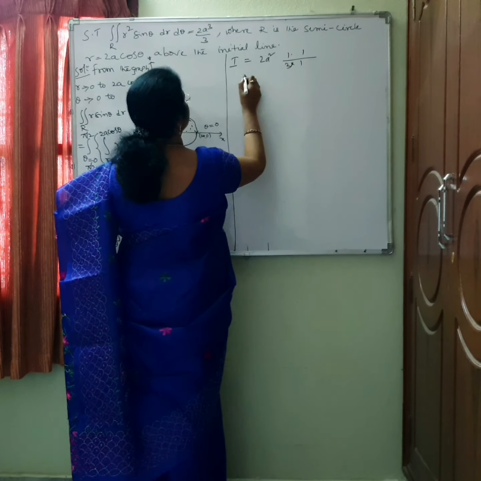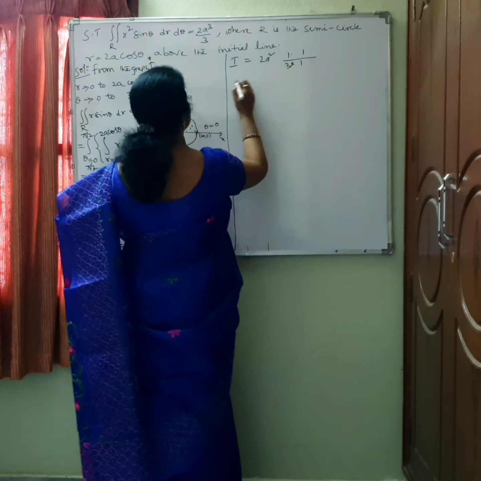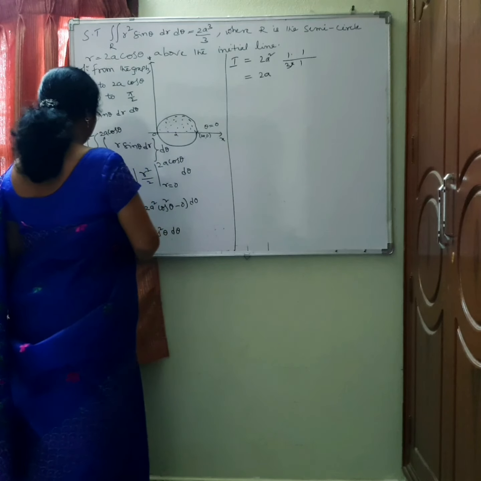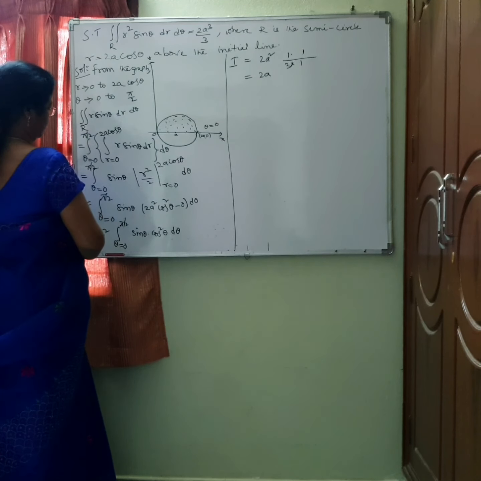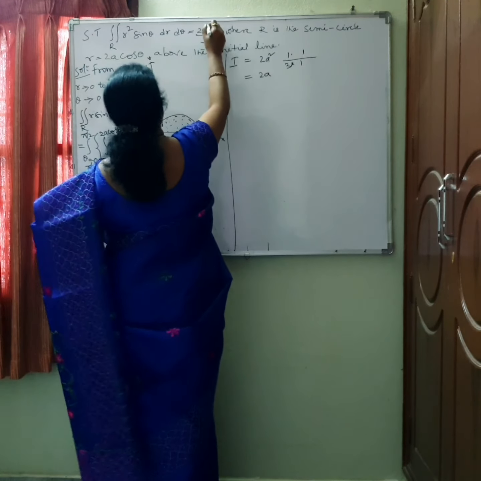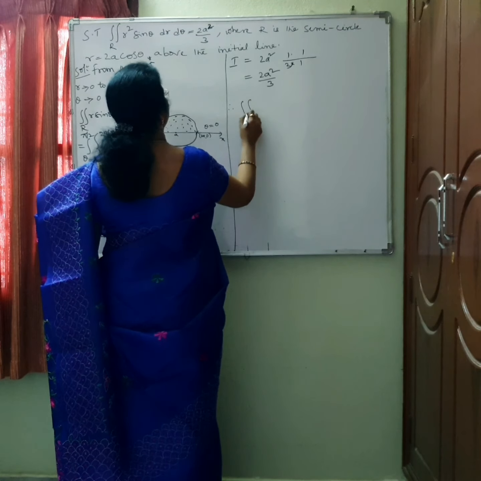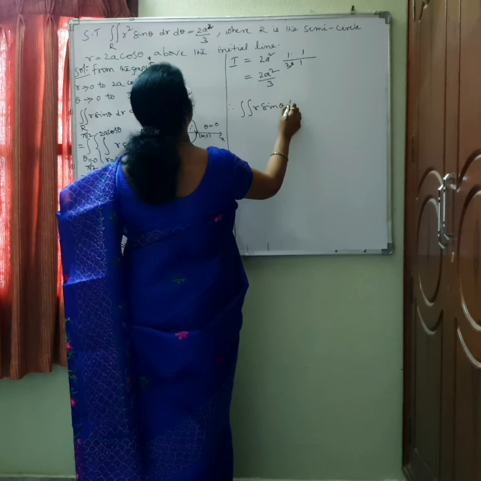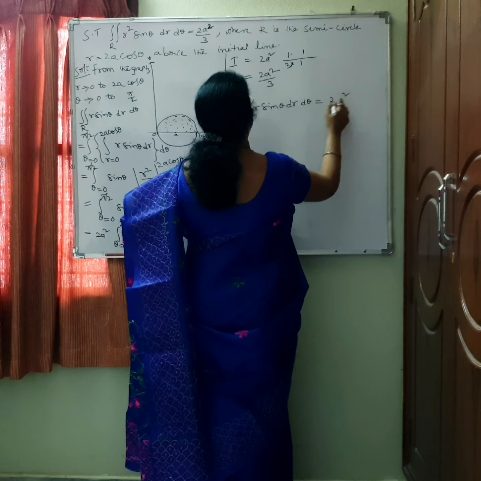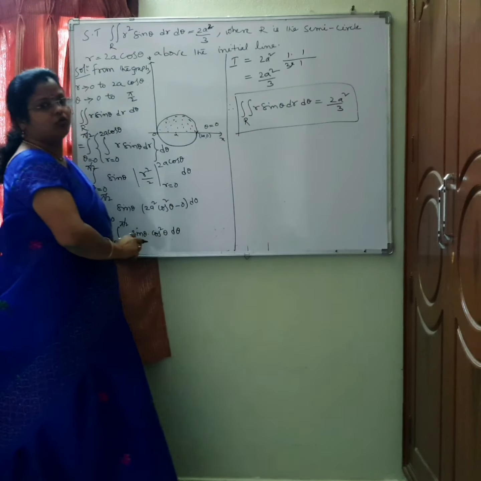So the answer is 2a square by 3. Therefore the double integral r sin theta dr d theta over the region R is equal to 2a square by 3. This is the answer to the given problem.